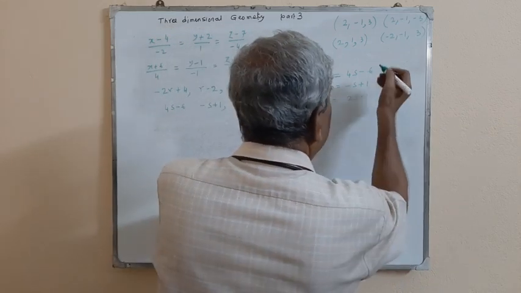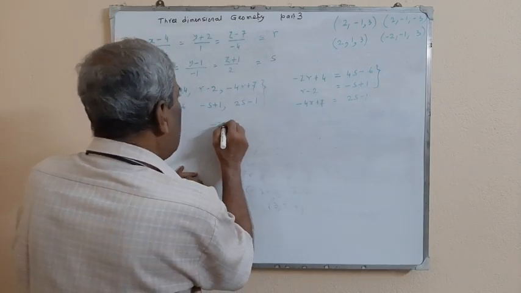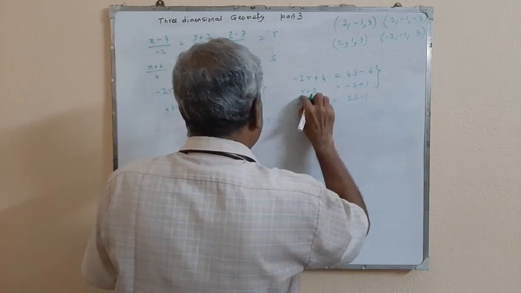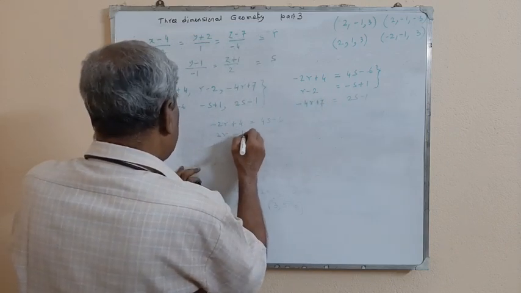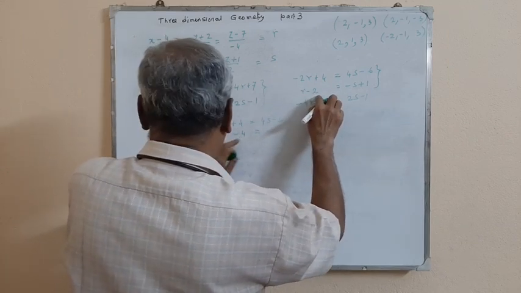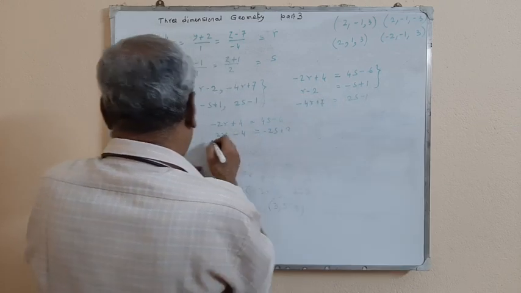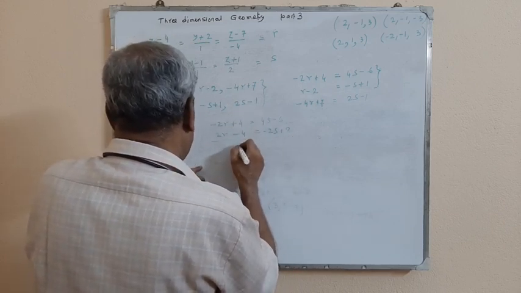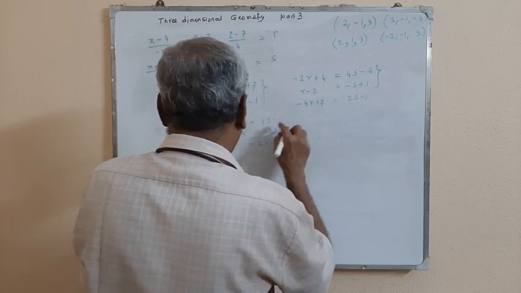Now solving these 2: minus 2r plus 4 is equal to 4s minus 6. Multiplying the second one by 2, we get 2r minus 4 is equal to minus 2s plus 2. Now adding them, 2r cancels, so 0 is equal to 2s minus 4.